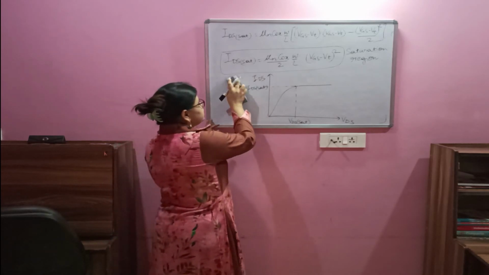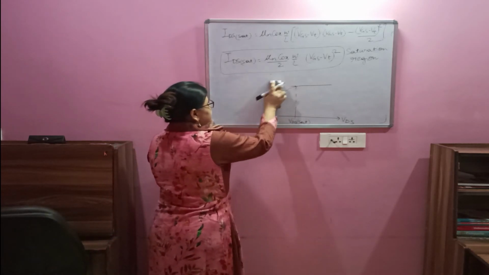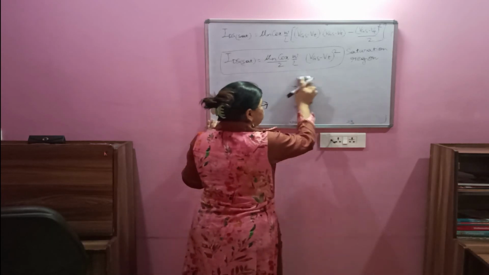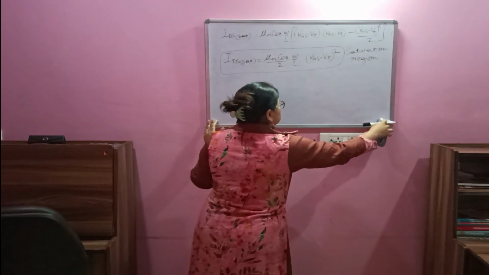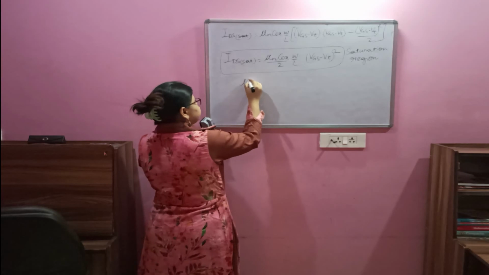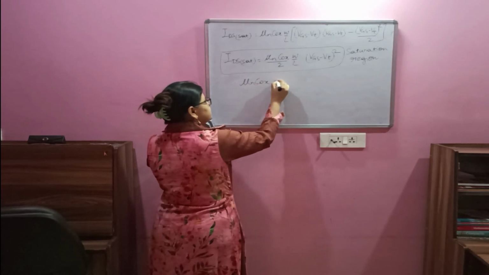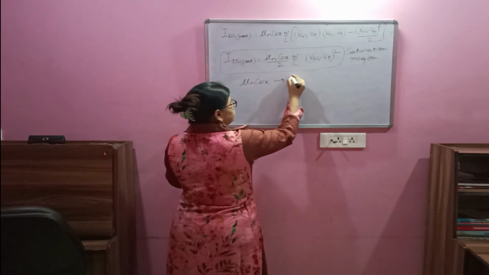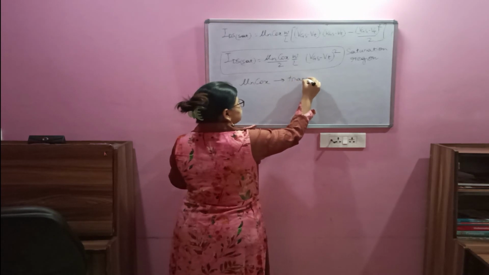And yes, a few new terms we have seen. We will be talking about those also. Here is one term noted as mu C oxide. This is known as the transconductance parameter.